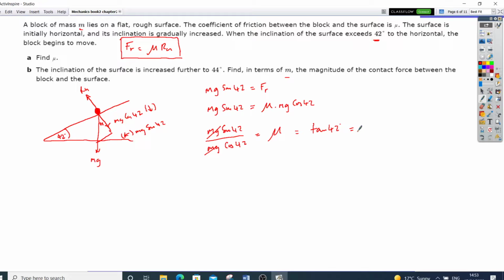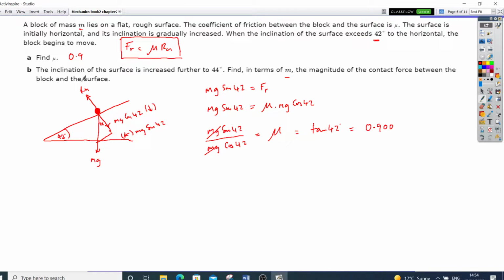If I put tan 42 in my calculator, to three significant figures, it's giving me 0.90040, so that's 0.900 to three significant figures. So we can just say mu is 0.9 at this point. Okay, so that is mu.